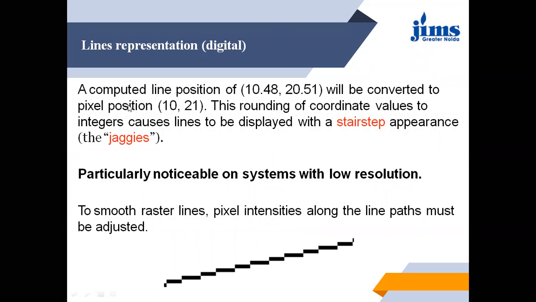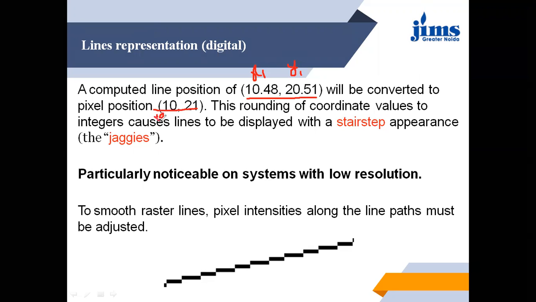Let's say we have to draw a line whose coordinates are 10.48 and 20.51, meaning this is the value of x1 and this is the value of y1, from pixel position 10 and 21.